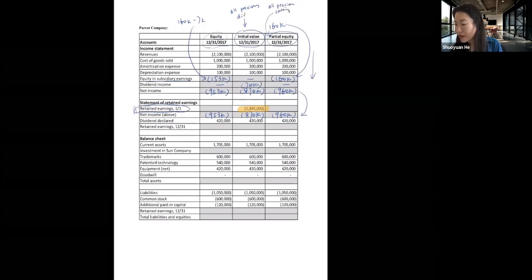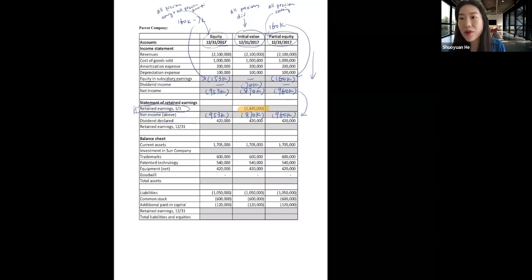Versus the equity method, what goes into the retained earnings is not only all of the previous years' earnings, but also all of the previous amortization, right? So now we know the retained earnings at the beginning of the year under the initial value method.